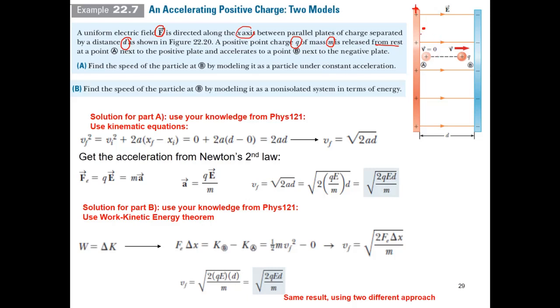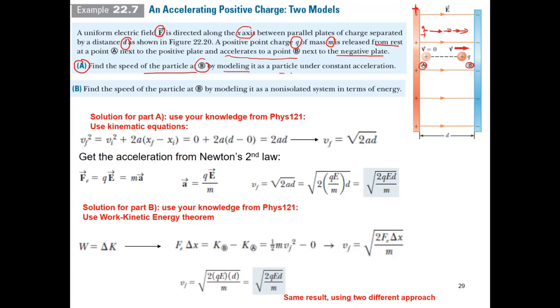Of course, because this is positive, it's going to follow the line of the electric field. It's going to move this way, at point A next to the positive plate, and accelerates to point B next to the negative plate. A: find the speed of the particle at point B, meaning at the end here. A is here.